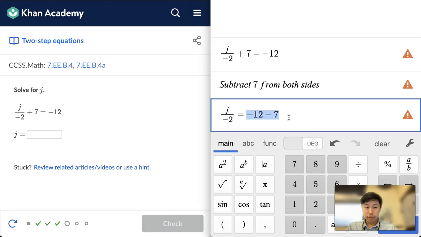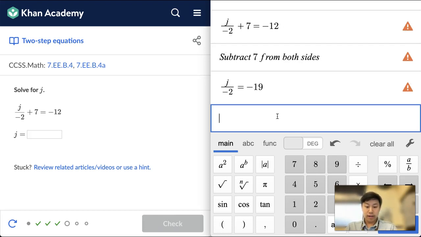Okay, start at negative 12. You're subtracting a 7, which means you're going left on the number line. Gets you to a negative 19. Okay? All right. So then we have the same number we're trying to solve for, j divided by negative 2. To undo a divide by negative 2, we're going to multiply by negative 2.